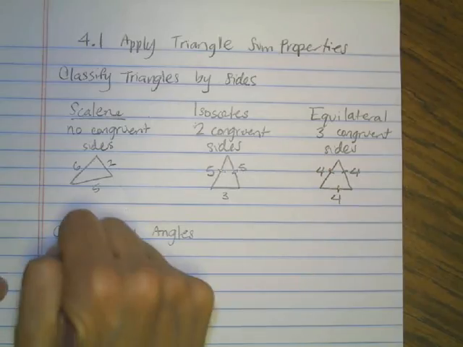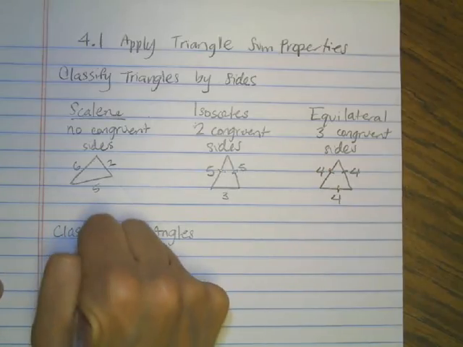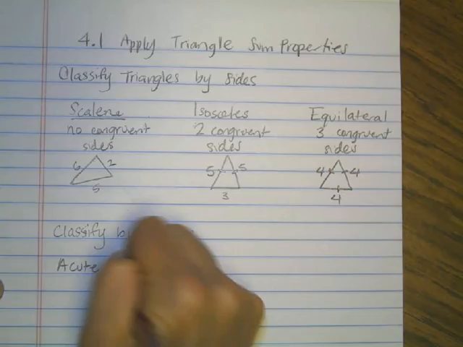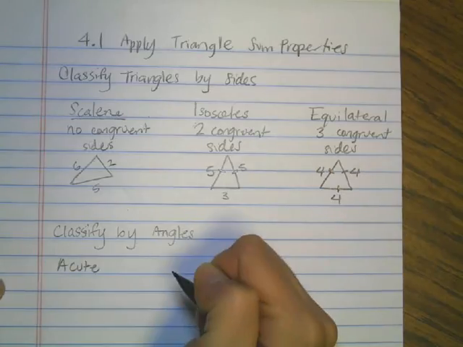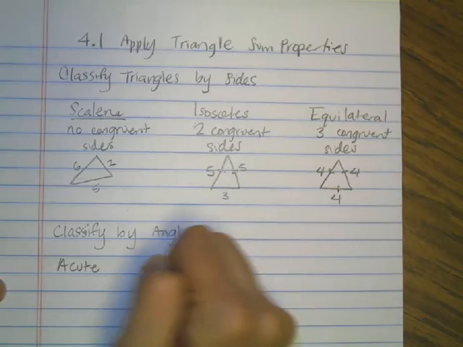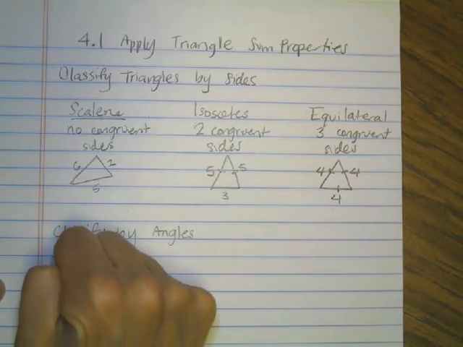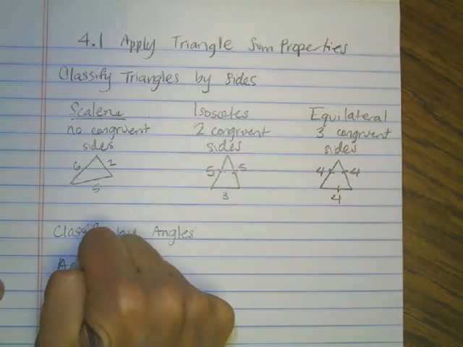A right triangle. It's a right triangle. What else is it? Good. So it's a right scalene triangle. So here we use 1 for the angle, 1 for the sides.